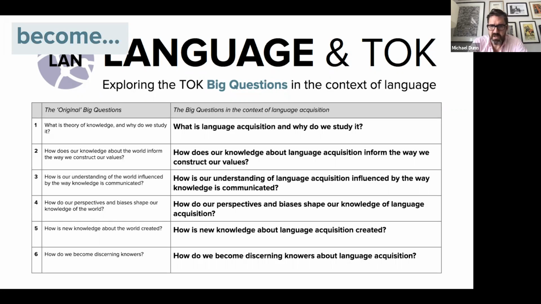Creativity, this big question. We simply turn that into how is new knowledge about language acquisition created? How is our understanding of the world influenced by the way knowledge is communicated? How is our understanding of language acquisition influenced by the way knowledge is communicated? So you can see it's very simple. It just shifts the question into the context of language acquisition, language lessons.